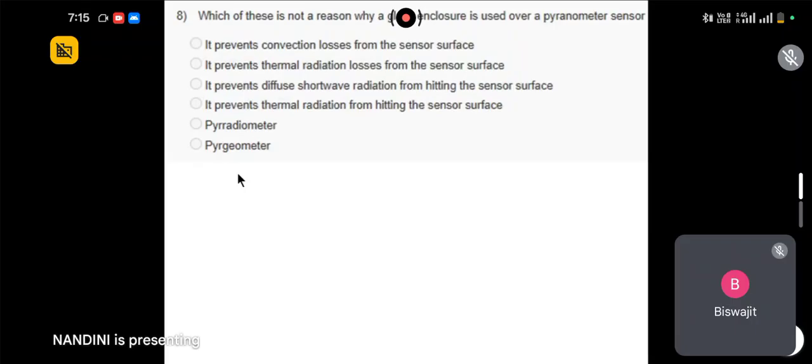Which of these is not a reason why a glass enclosure is not used for a pyranometer sensor?